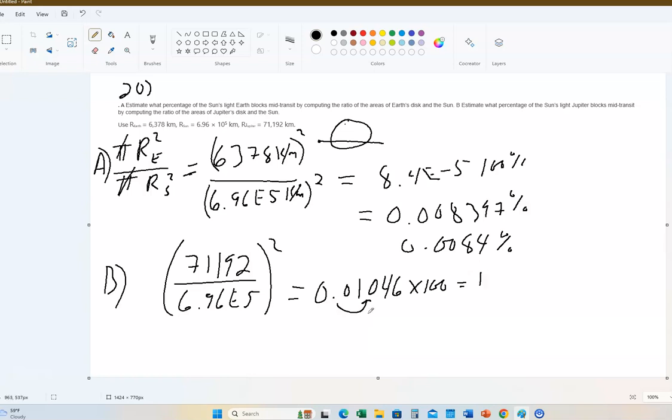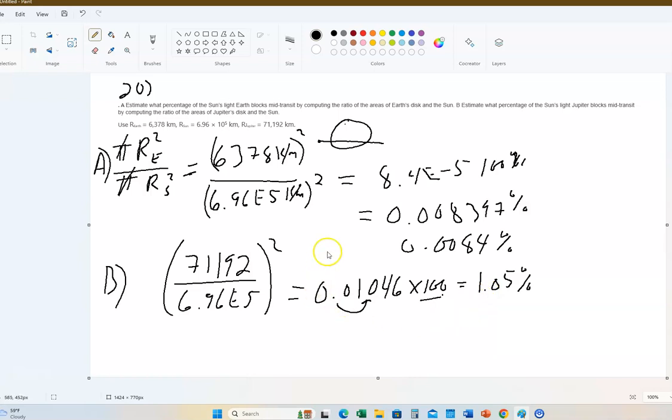It becomes 1.05 if we round to 2 places past the decimal. Because we multiplied by 100, this is now a percentage. So with Jupiter going across the sun, a little more than 1% of the sunlight is blocked.